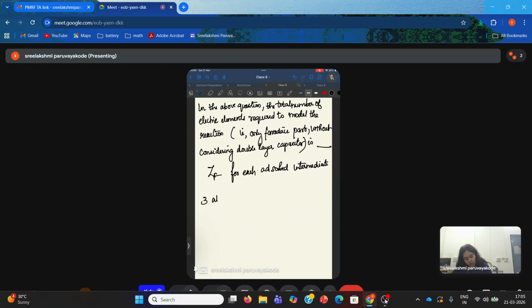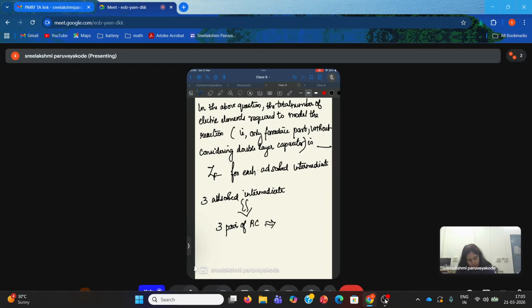So 3 adsorbed intermediates means 3 pairs of RC.